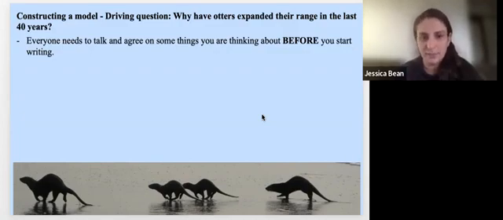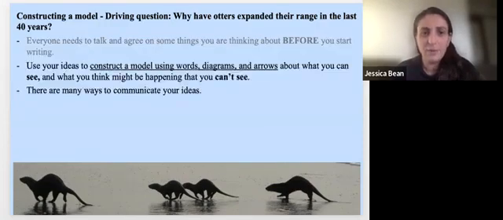So take at least a minute or two and say hi to your partner or your other group members. You can use words or diagrams or arrows to represent what you think you can see, what you would observe in the environment that the otters are living in, and maybe things that you can't easily see with your naked eye. And just keep in mind that there are many ways to communicate your ideas.